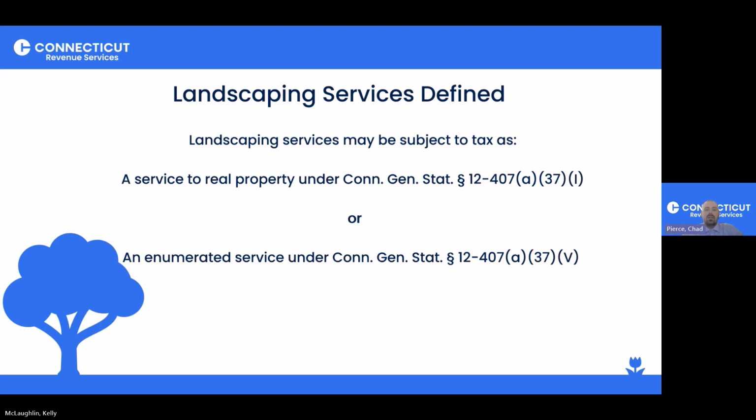Landscaping services defined. Landscaping services may be subject to use tax as a service to real property under Connecticut General Statutes 12-407A37I.